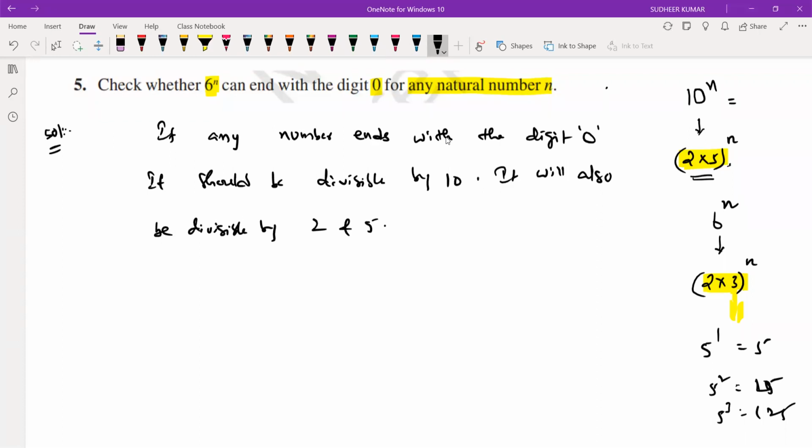So let us find the prime factors of 6 power n. It is (2 times 3) whole power n.